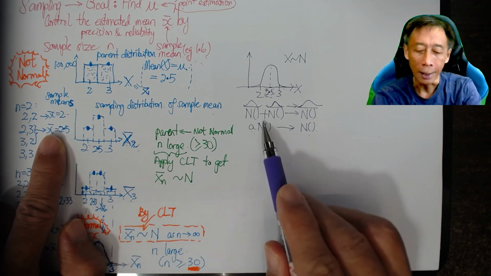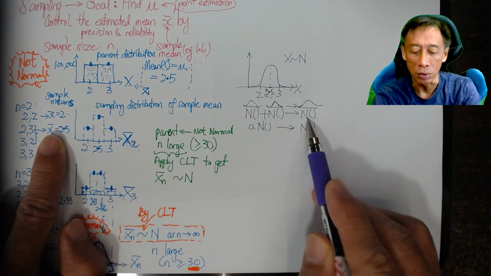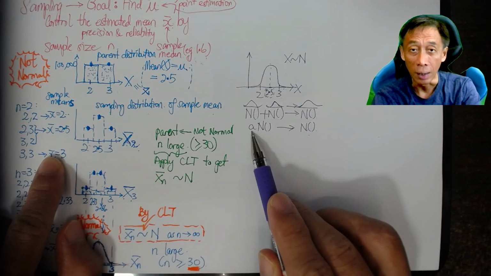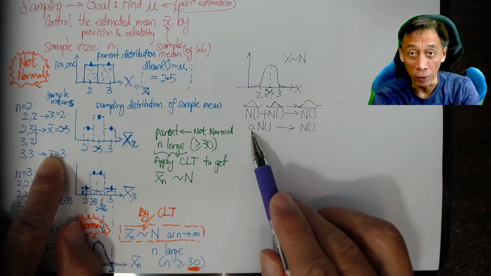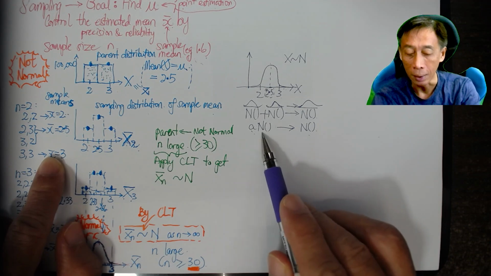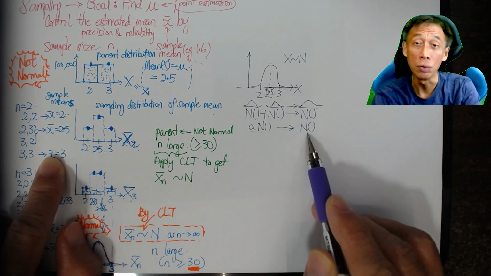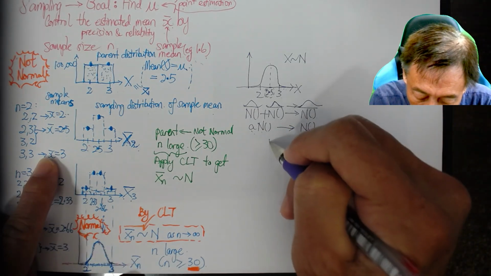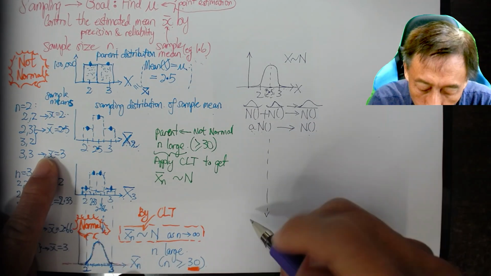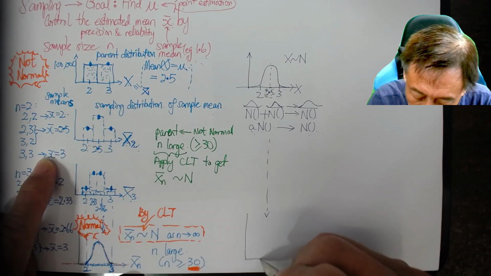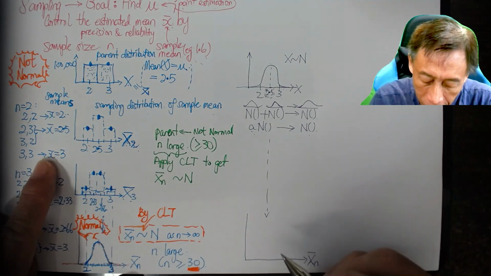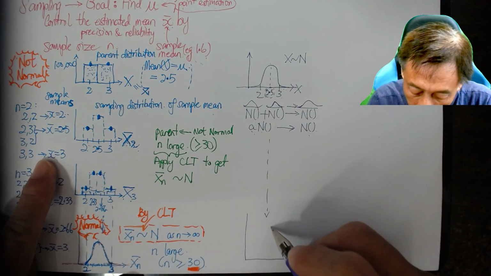Adding them will result in a normal distribution. Dividing by n is like multiplying by 1 over n, because a is any real number. So that would still keep it as a normal distribution. And therefore, we can straight away conclude that for any n, we will get a normal distribution.